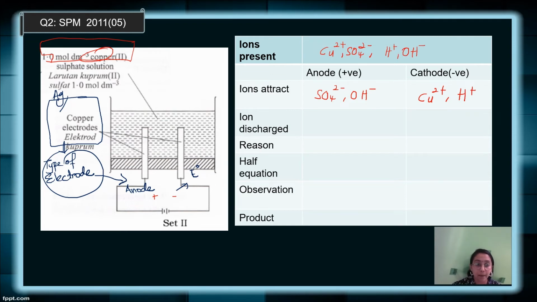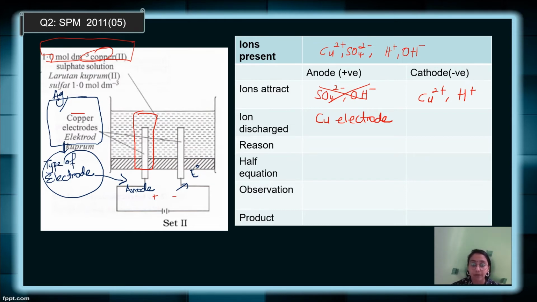Okay, so as you can see here, at the anode 2 ions are attracted, sulfate and hydroxide. Because we use active electrodes, which are copper, the anions won't be discharged. There is no ion discharged. Instead, the active electrode, which is the copper electrode, will be discharged by donating its electrons and forming the respective ions.